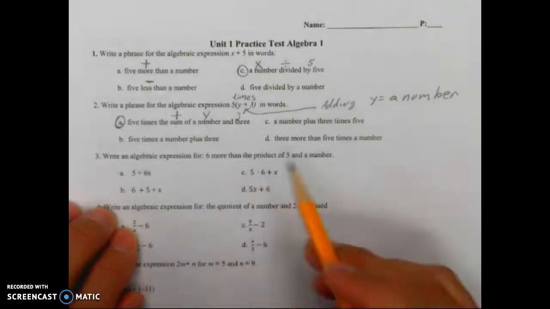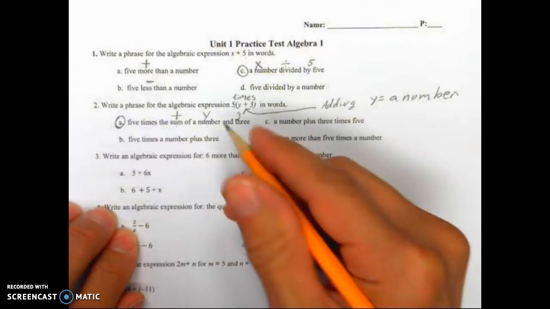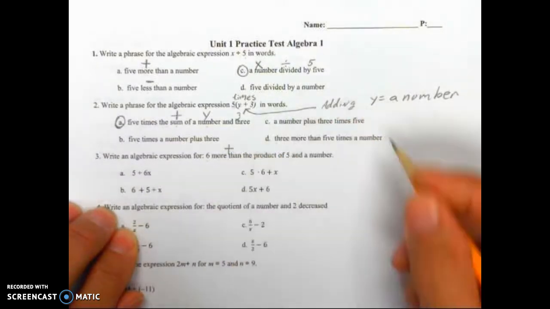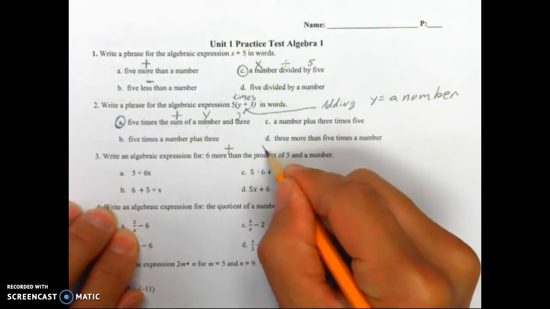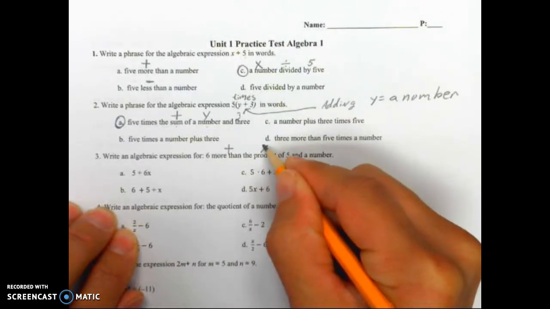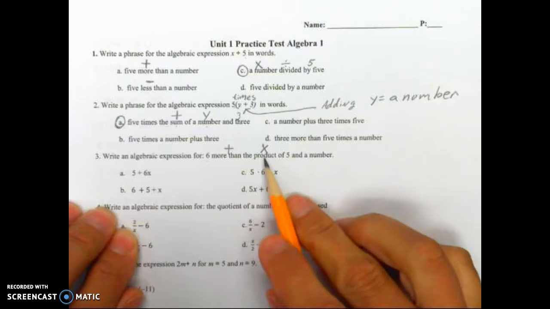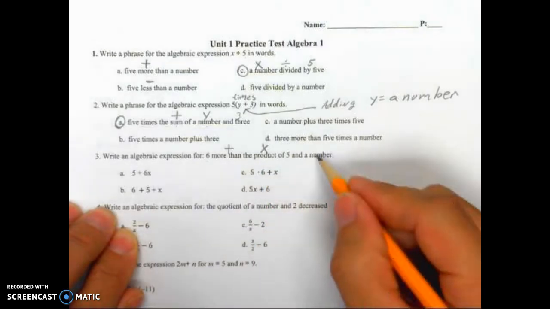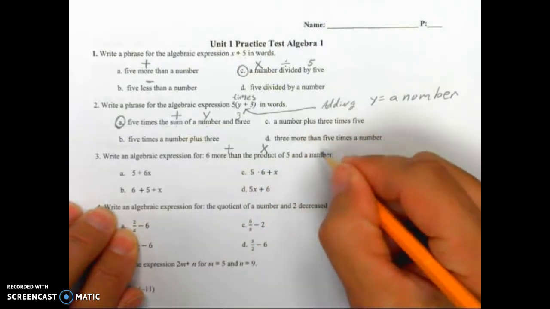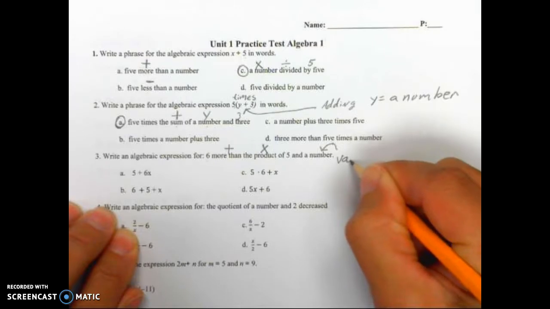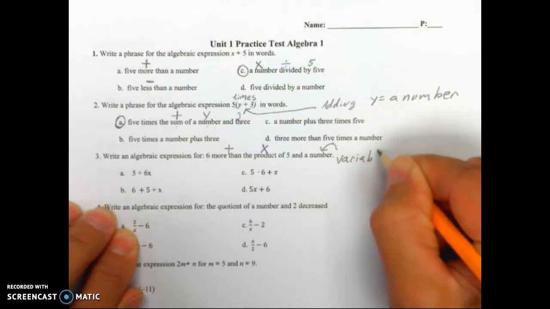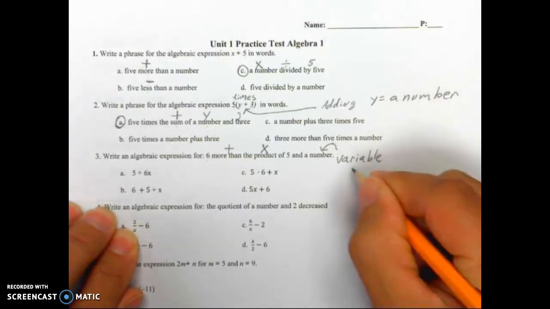This one's a little bit harder because it says 6 more than, so we know it's going to be plus. The product. Now you got to remember what product means. Product means times. So 6 more than the product of 5 and a number. And remember, a number is a variable. Okay? So that is a variable. And it looks like we're going to call that one x.